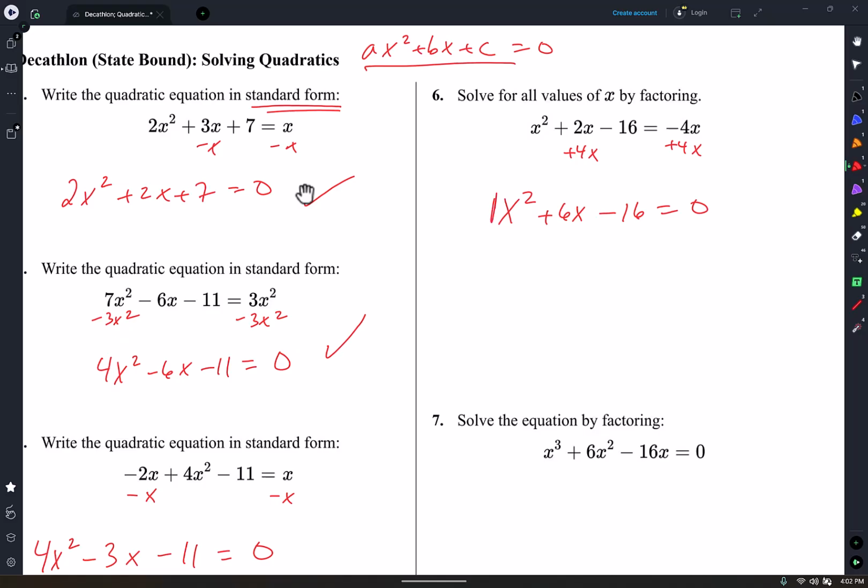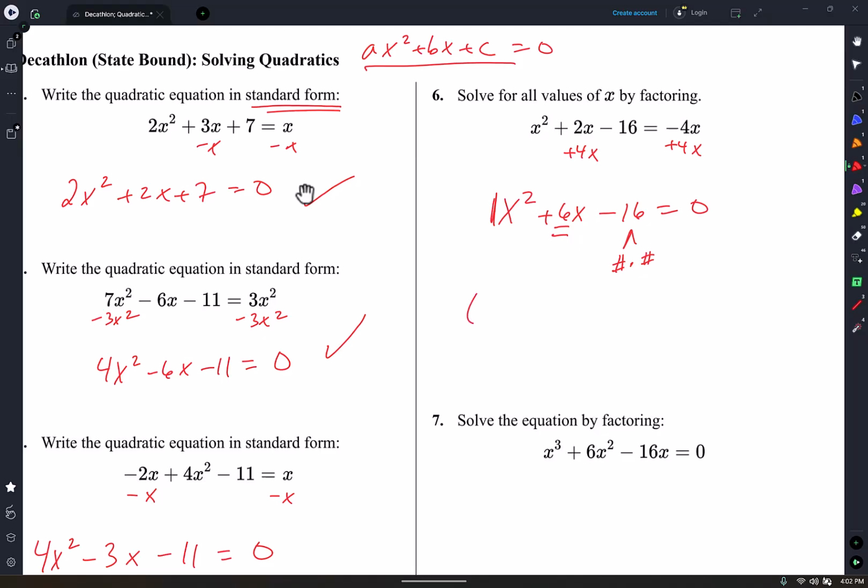I have a 1 in front of that x squared, so here's how you do it. I have a negative 16 here, so you tell yourself what two numbers, some number times some number, will multiply to give me negative 16 but add up to a positive 6.